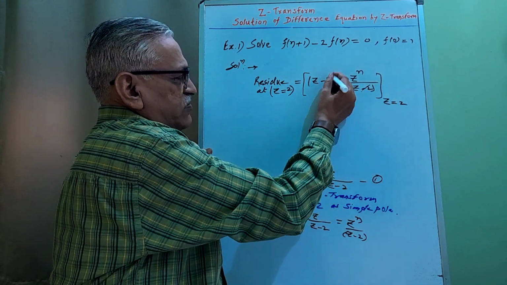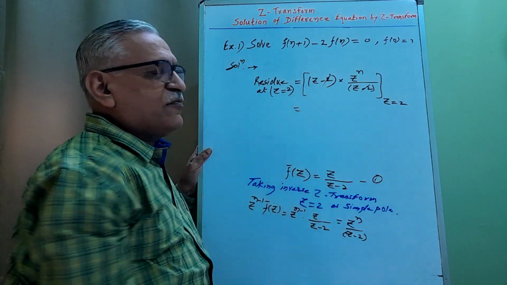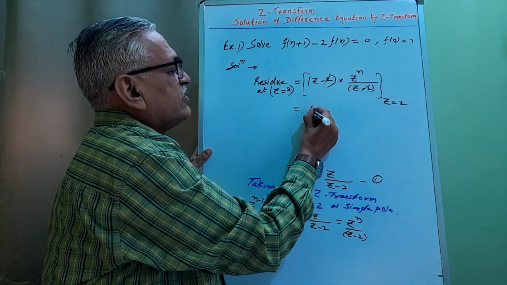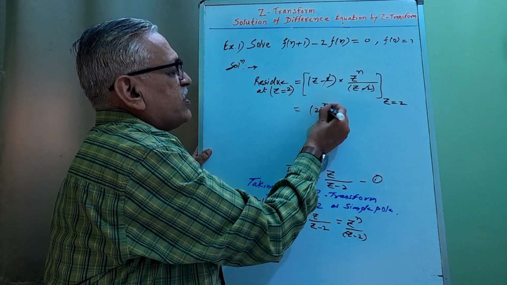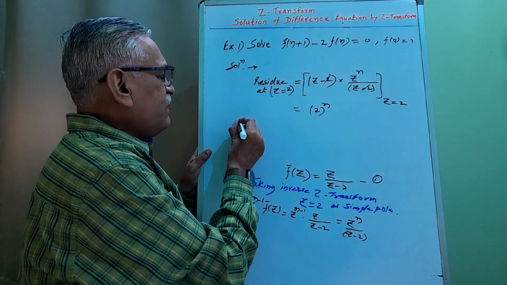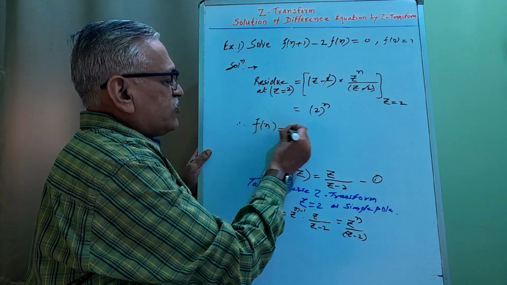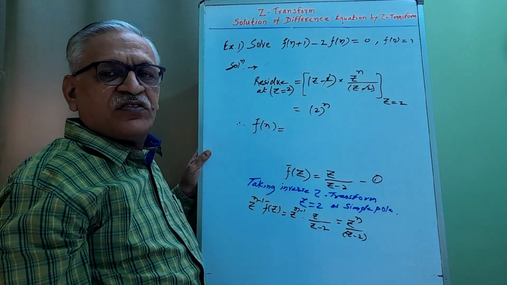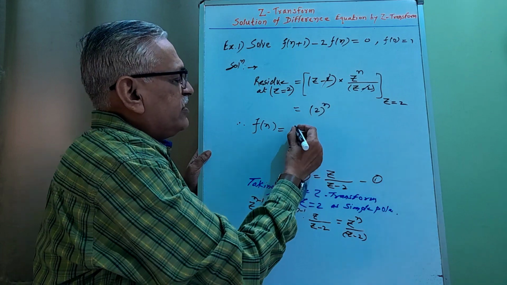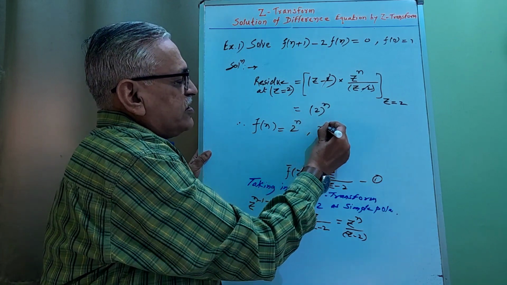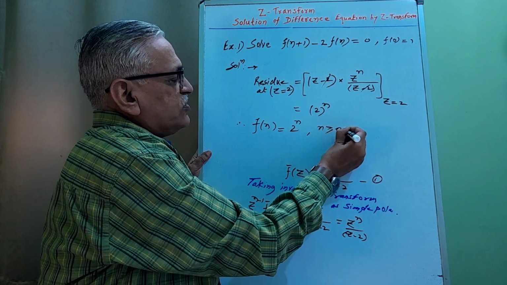This z minus 2 gets cancelled, and substituting the value of z as 2, we get 2 raised to n. The solution f of n is the sum of the residues. Here there is only one residue, and therefore we get the solution as 2 raised to n for the condition n greater than or equal to 0.